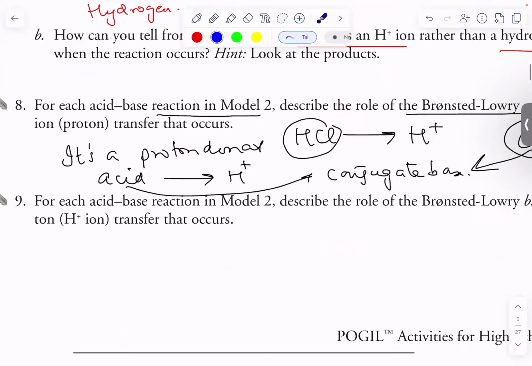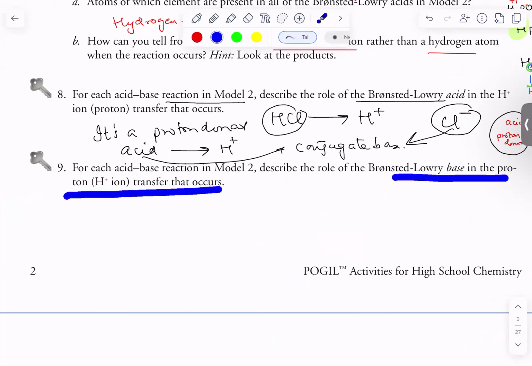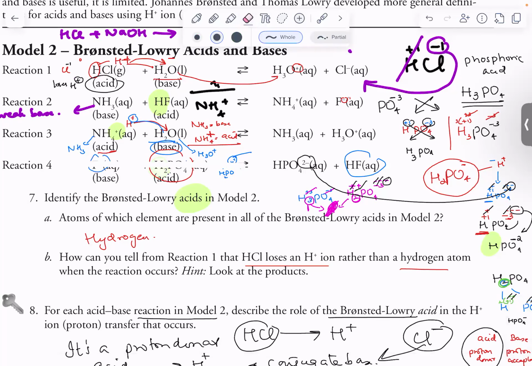Question number 9. For each acid-base reaction in Model 2, describe the role of the Bronsted-Lowry base in the proton hydrogen transfer. I'll take one equation.